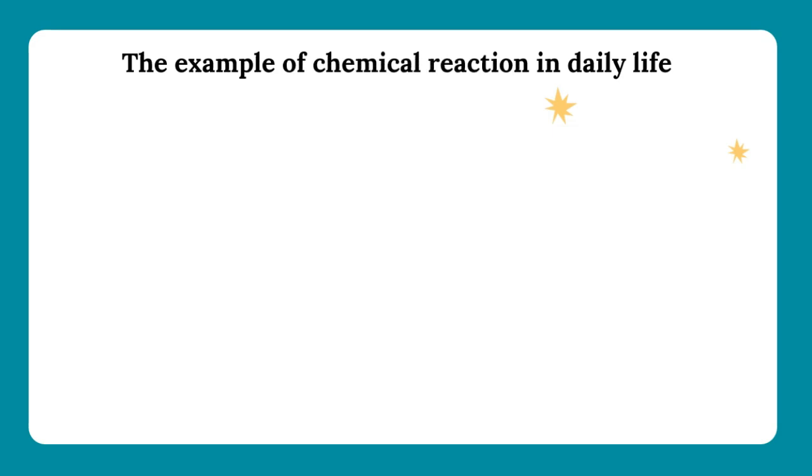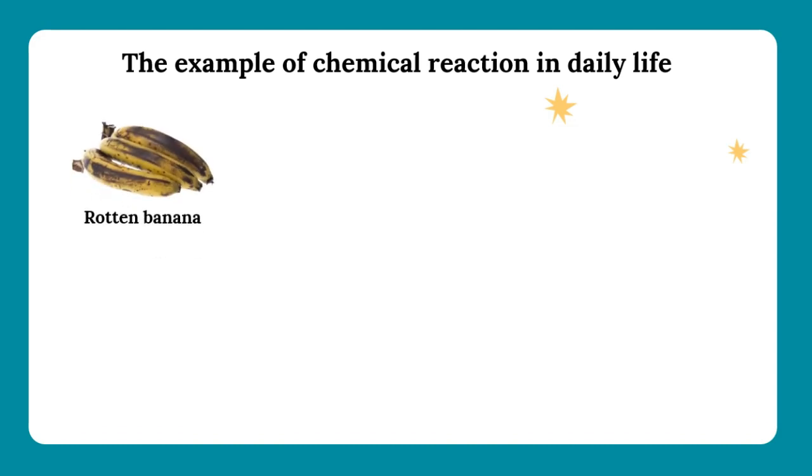These are examples of chemical reactions in our daily life. Have you ever seen a rotten banana or other rotten fruit? Those are examples of chemical reactions. And then iron rust: after the iron is exposed to the air for a long time, there is a reaction from oxygen and water vapor that causes the iron to rust.